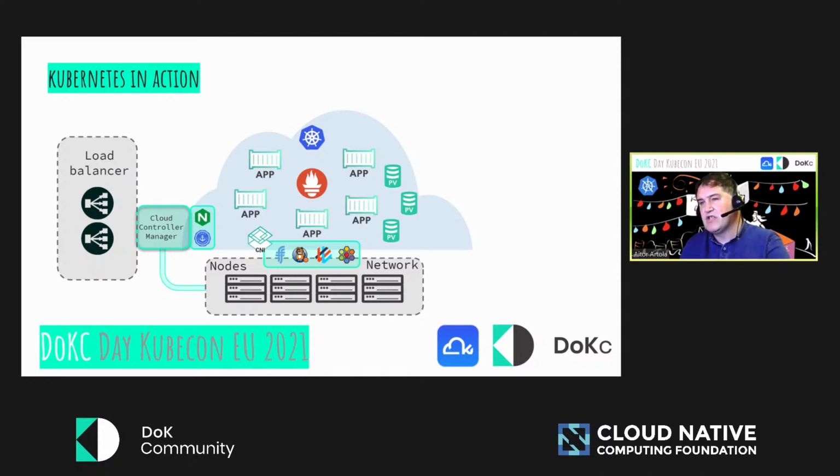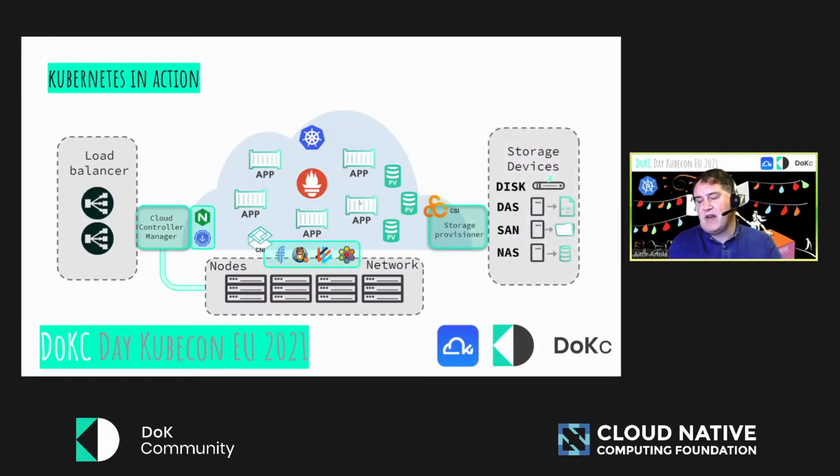So from the platform perspective, one of the things we had to do was to apply the proper network policies to make sure that the applications were running in a secure way. But then we had this last point, the last mile, right? The management of storage. Storage is critical for the performance of the applications.